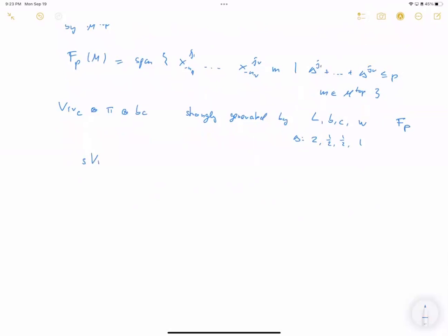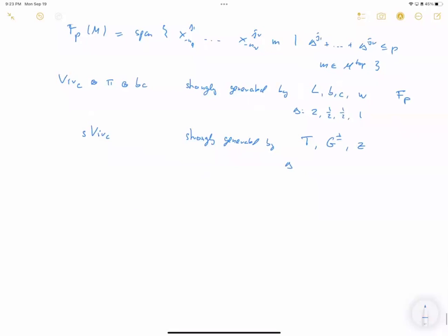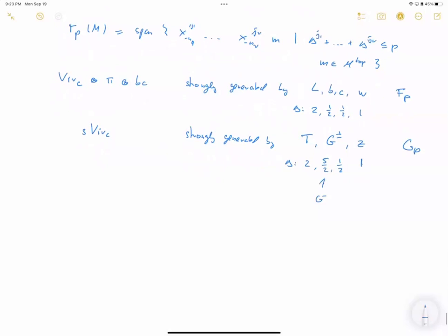And on the other hand, super Virasoro sits inside this algebra and is strongly generated by its Virasoro field. It's not the same as the Virasoro in here. The two odd fields and another Heisenberg field. And here the conformal weights are 2, and for this one 1. And now, in order to make these two filtrations compatible, one gives the G plus conformal weight 5/2, the G minus conformal weight 5/2, and the G plus conformal weight 1/2.